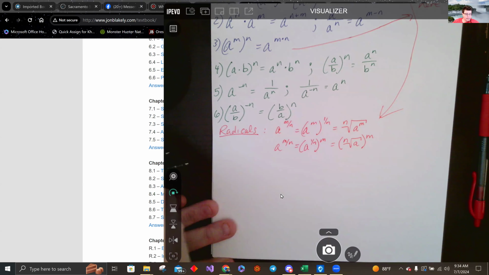We have, this is kind of related to 4, like 4b. If we have the nth root of a times b, this is the nth root of a times the nth root of b. In fact, it's exactly like 4 if we just changed the n to 1 over n.